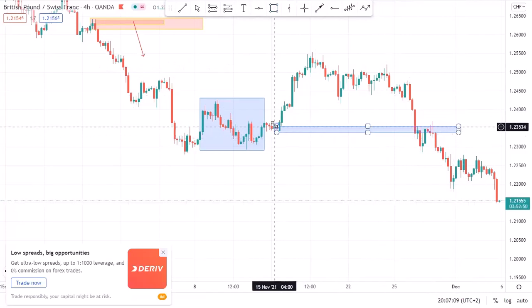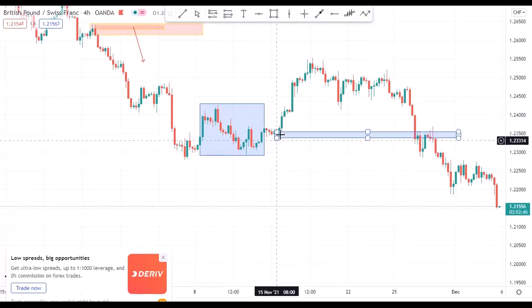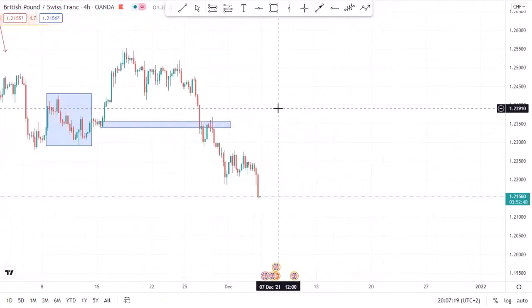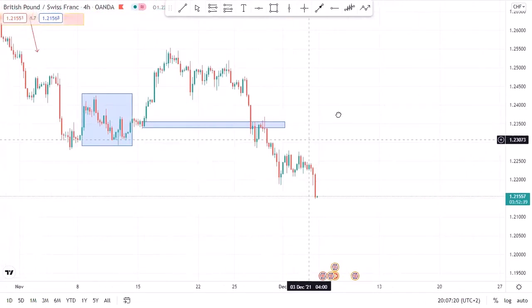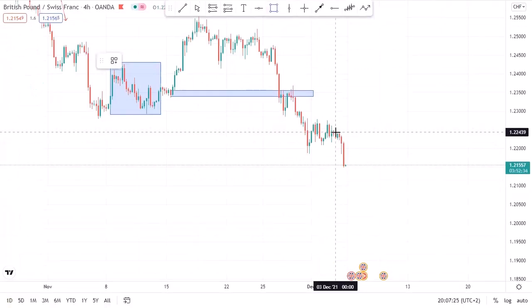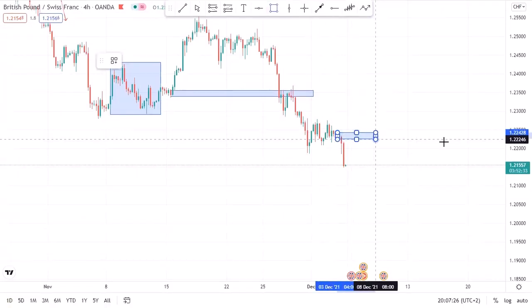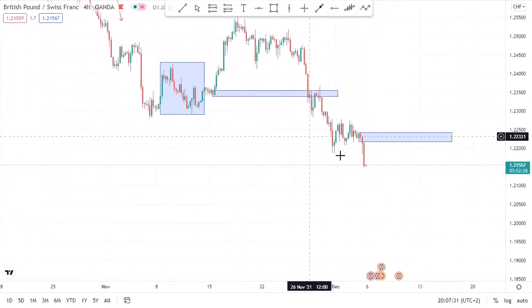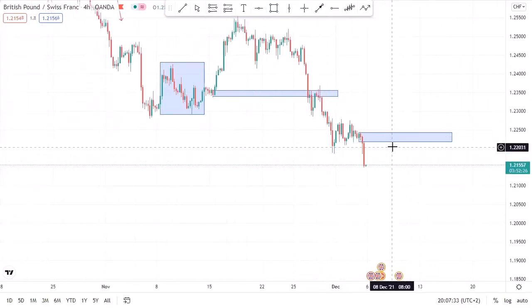That's the order block we want, where we have an aggressive move, and the last candle is our order block. So if you look at this again, we have this order block. As you can see, this is the OB. I'll be using this one because it hasn't been retested yet.